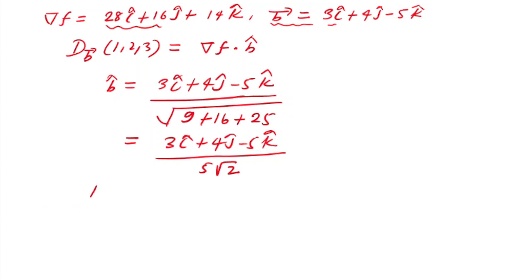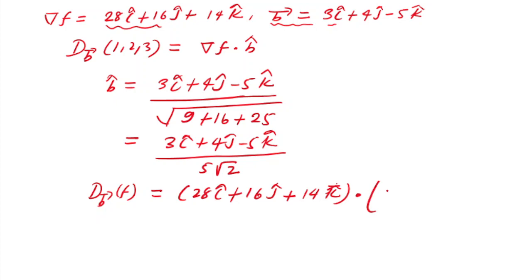So the directional derivative D_b of the function f is equal to this vector, which vector? That is 28i plus 16j plus 14k, that is the del f, dot 3i plus 4j minus 5k divided by 5 under root 2.